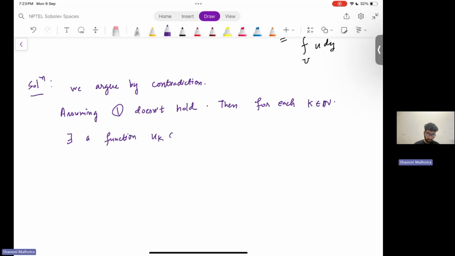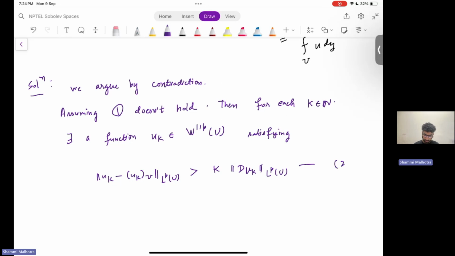u_k in W^{1,p}(U) satisfying this: the norm of u_k minus the average of u_k in L^p(U) has to be greater than k times the norm of Du_k in L^p(U).